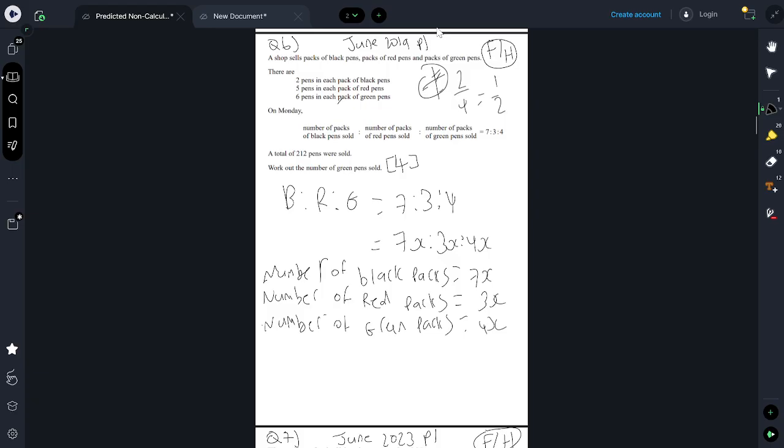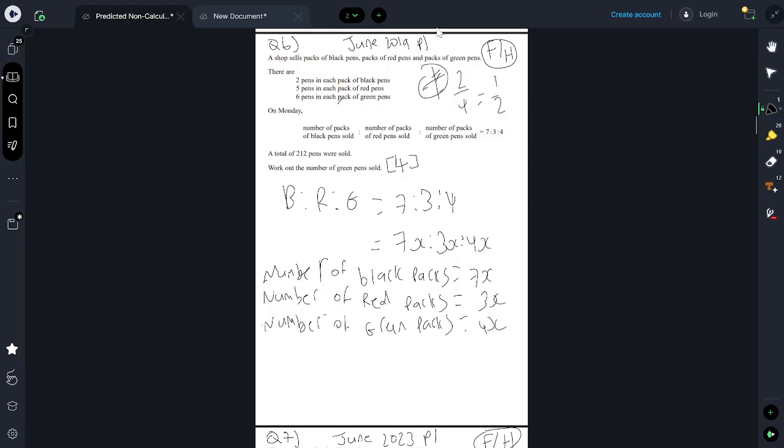So that is the crucial idea behind ratios like this, is to times by a number, which you need to find. We're going to need to find x here to tell us a proper number.